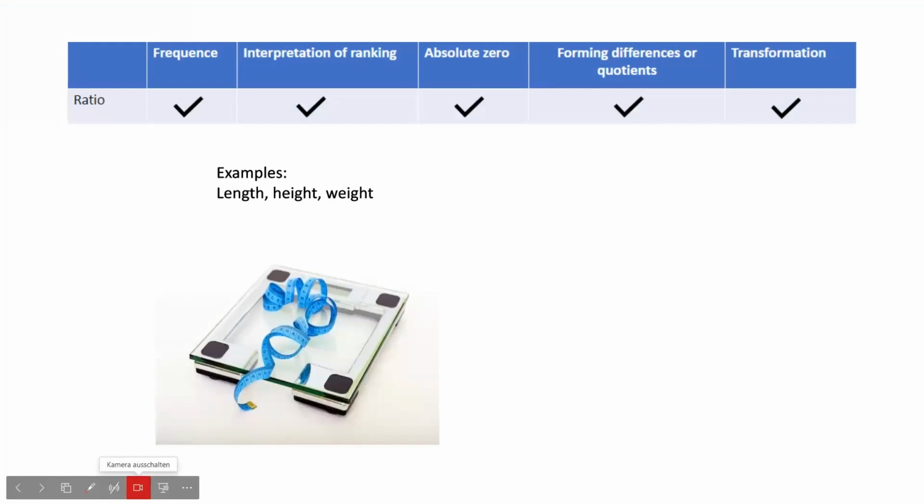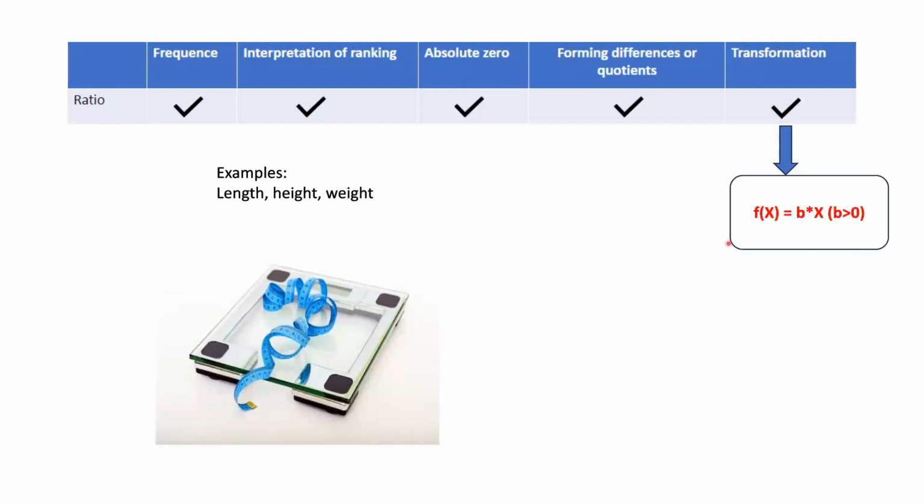For example, we can say person A weighs 1.5 times as much as person B, or this tree is 3 times taller than that one. That makes sense, right? And the transformation follows this formula.